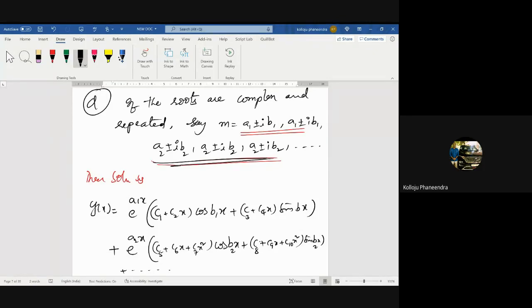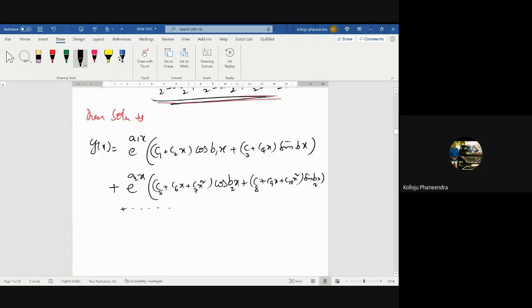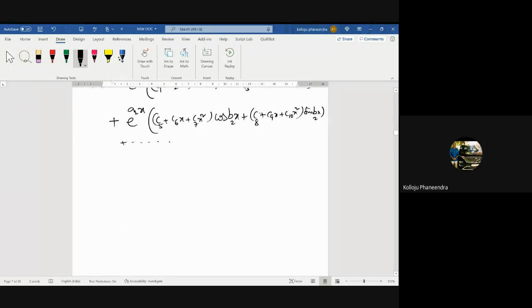This is the solution procedure. Any doubts?